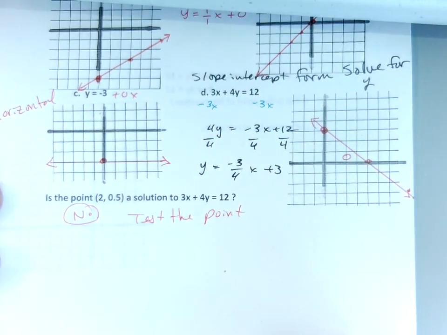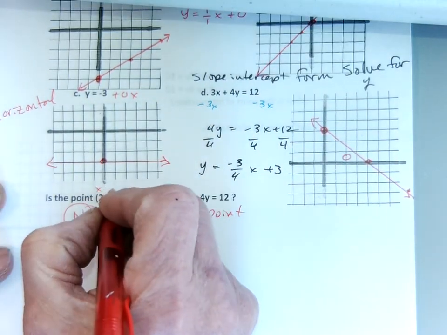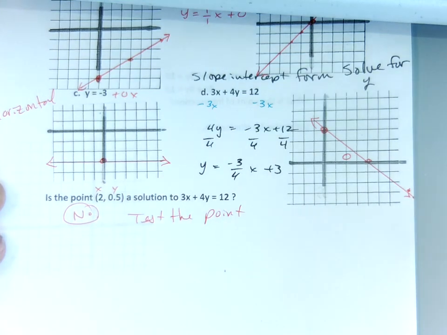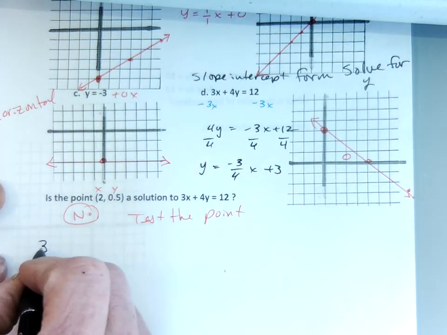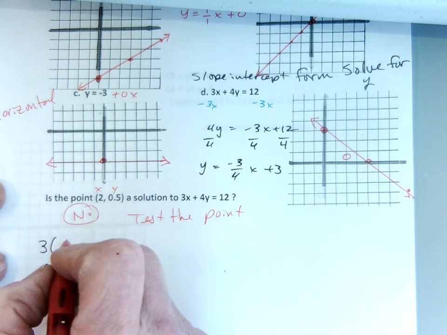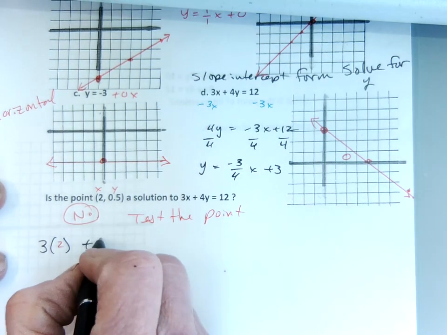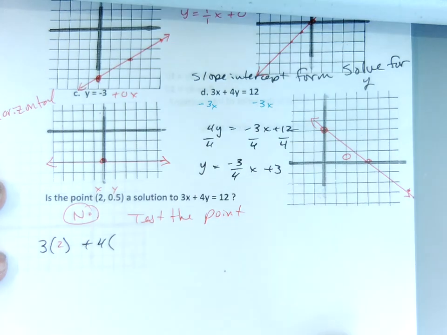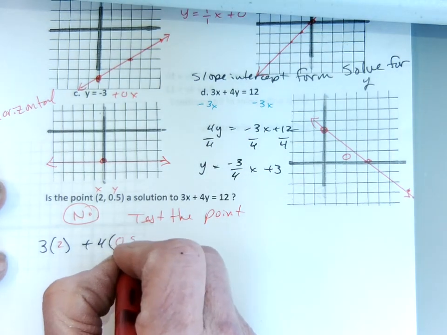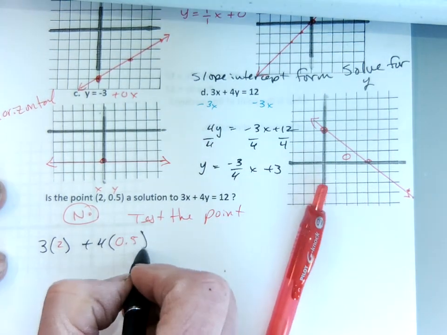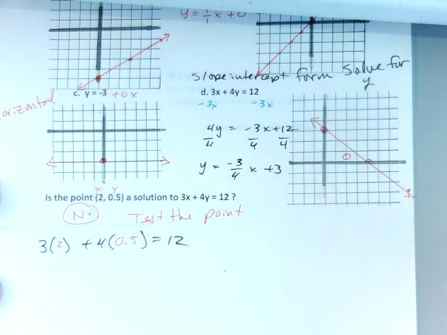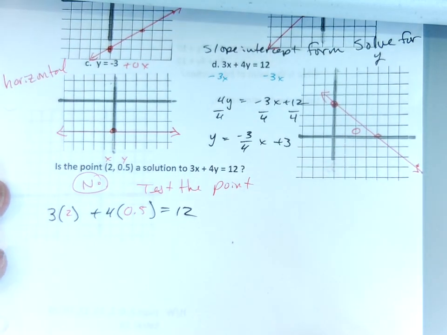But if we test the point, that's an x value, that's a y value. I will rewrite as 3, and I'll put 2 in for my x value, plus 4, and I'll put 0.5 in for my y value. And if it equals 12, then yeah, it lies along the line. If it doesn't, then it's not on the line at all.